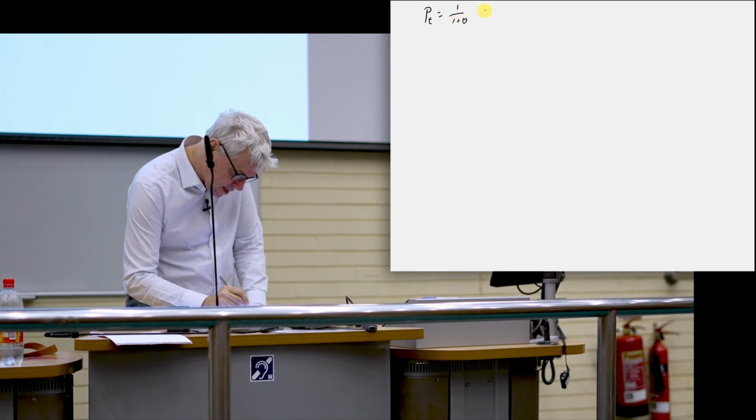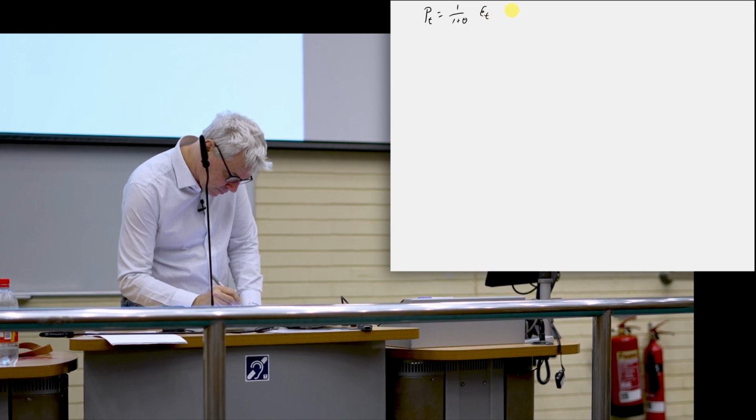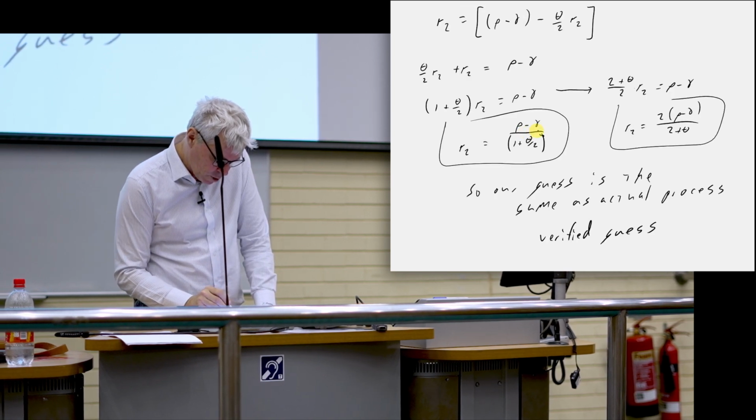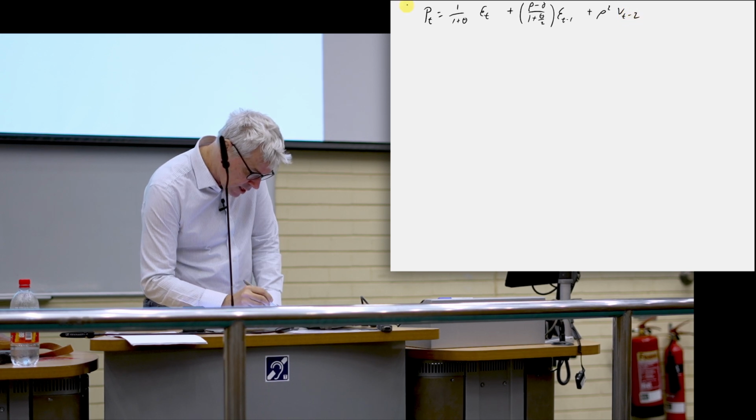It was 1 over 1 plus theta ET plus R2, which is rho minus gamma over this thing, ET minus 1 plus rho squared ET minus 2.